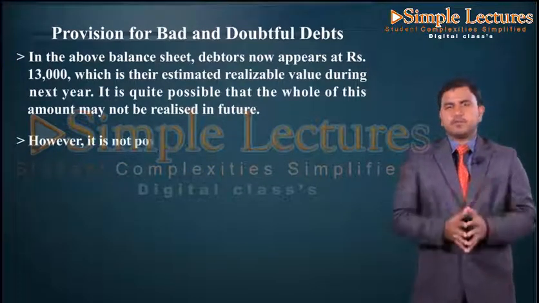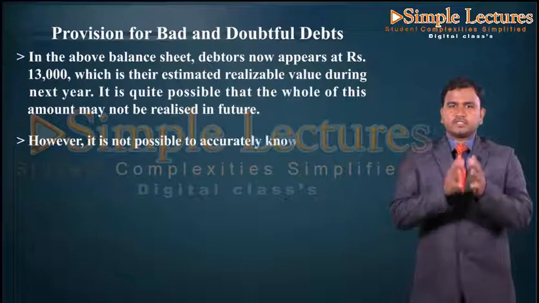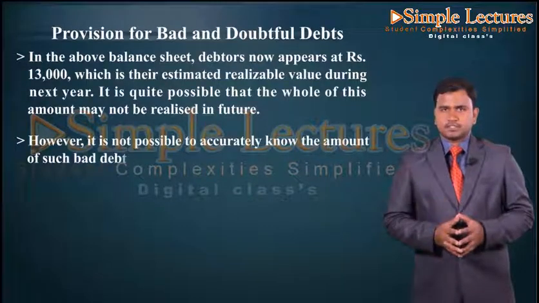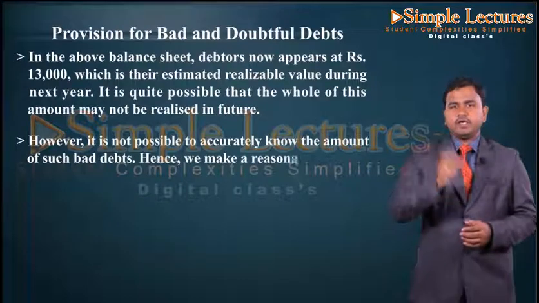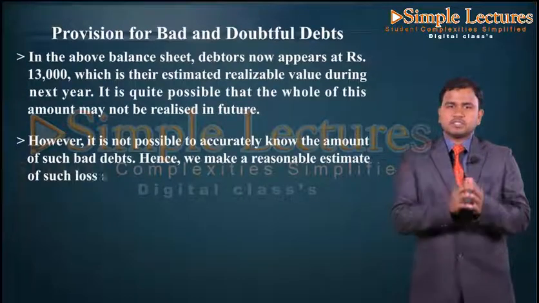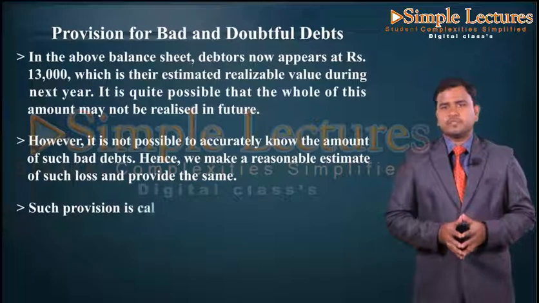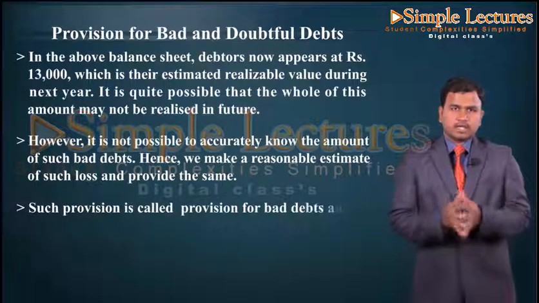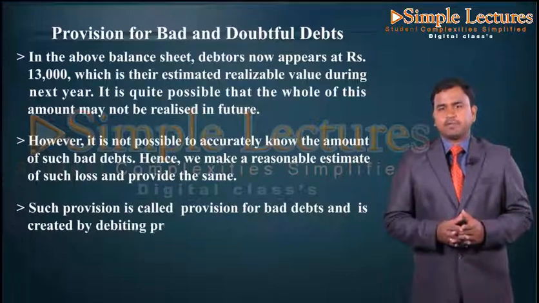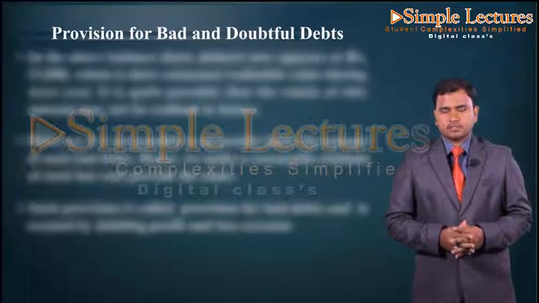However, it is not possible to accurately know the amount of such bad debts. Hence, we make a reasonable estimate of such loss and provide the same. Such provision is called provision for bad debts and is created by debiting the profit and loss account.